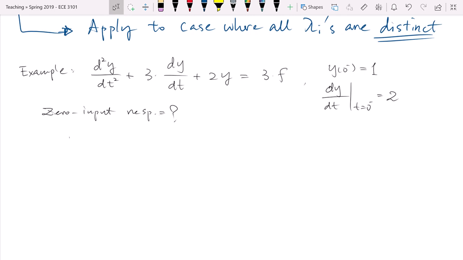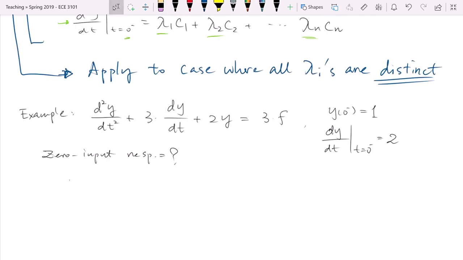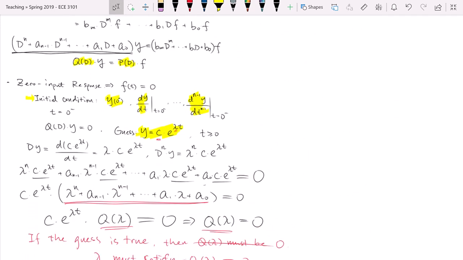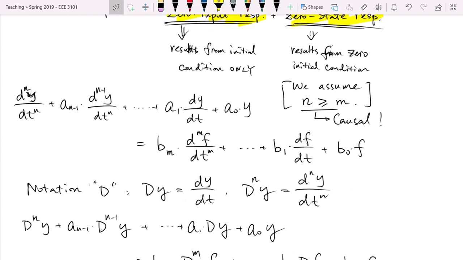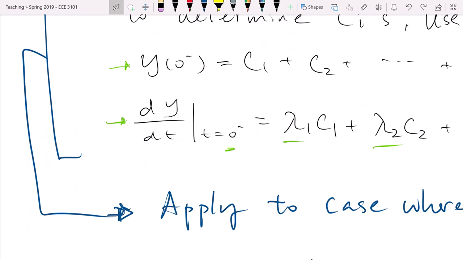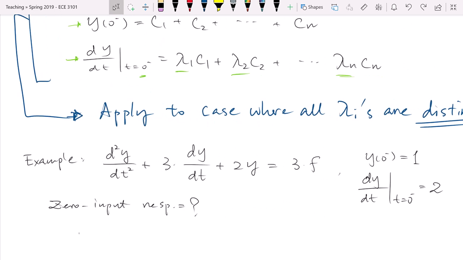And when you have this, try to match the specific form of this differential equation with the general form of the differential equation we have above, right here, where we have a_{n-1}, a1, a0, bn, b1, b0, and so on. And mapping this won't be too challenging once you understand this, right?